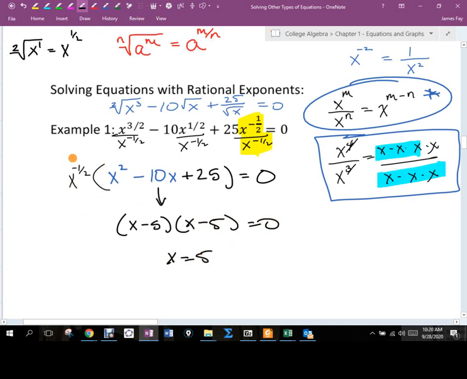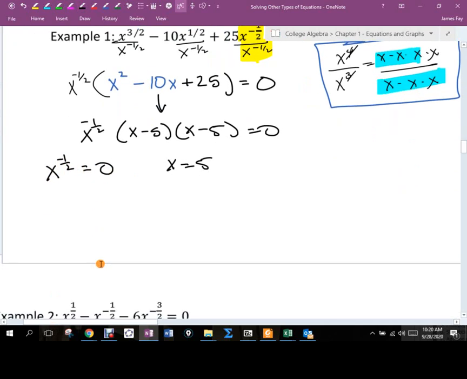Now, I've also got this thing here. This is still a factor, x to the negative 1/2. If I let that equal 0, there's a couple of things here I think you can do to logically think this through. One of them is to rewrite it this way. Okay, and you might argue, well, now I have to multiply both sides by radical x.